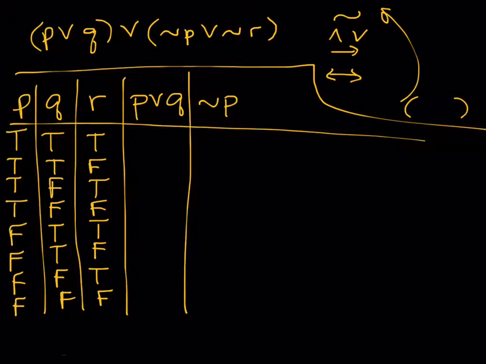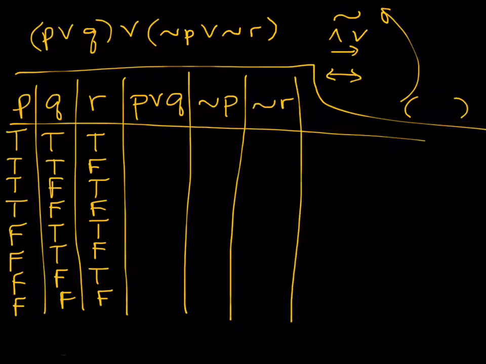So it would just be the negation of P, not any of this other stuff. Then after that, I would have the negation of R. And then finally, after the negations are done, then I can go on to the OR statement. Now that OR statement connects the 2 things on either side, the not P, and then not R. So basically this whole parentheses is going to be my next column.